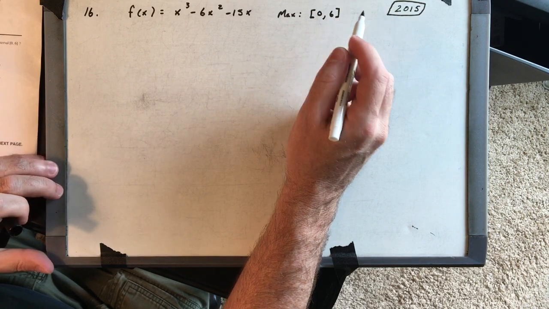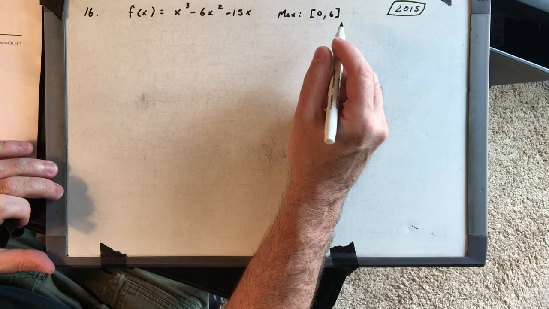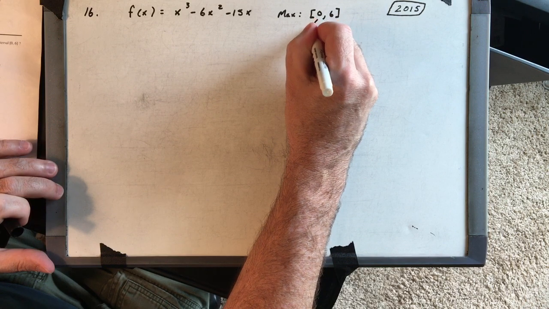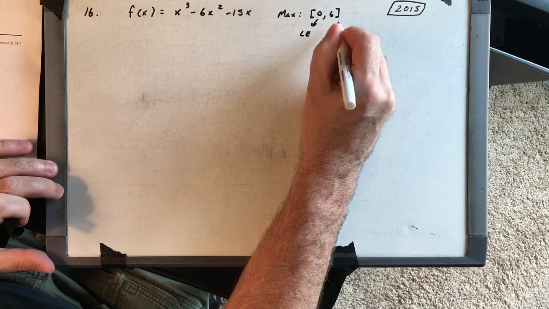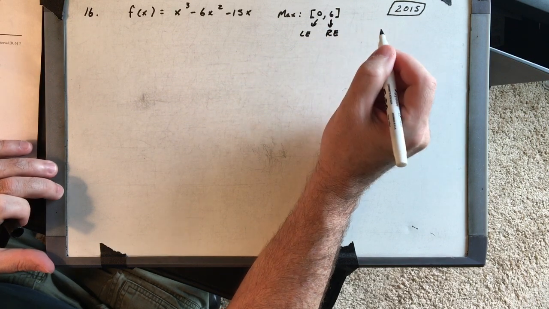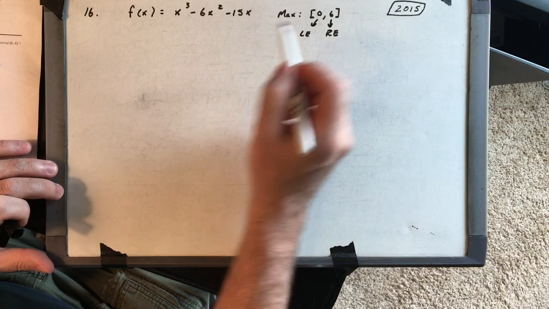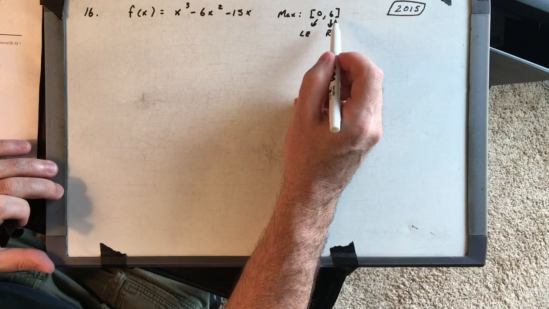So we have to test 3 points to see what the max is: the left endpoint, the right endpoint, and any critical point between 0 and 6.